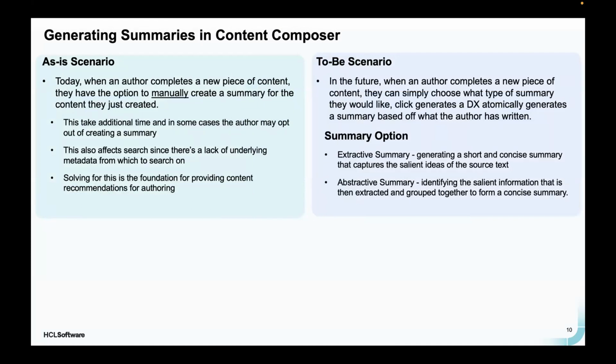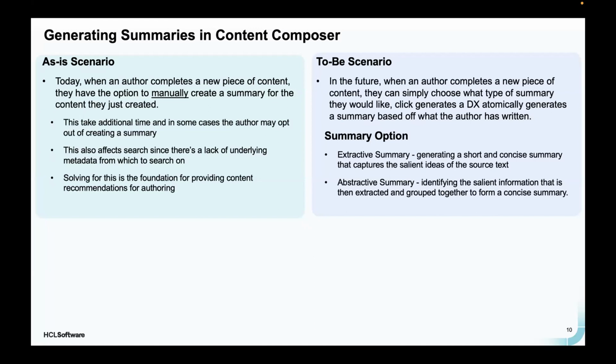So from a summary perspective in Content Composer and DX, today when an author is creating a new piece of content, one of the challenges is they may work on this really nice piece of content that they're planning on publishing. And once they've built that, they then have to decide if they're going to manually create a summary for the content they just created.